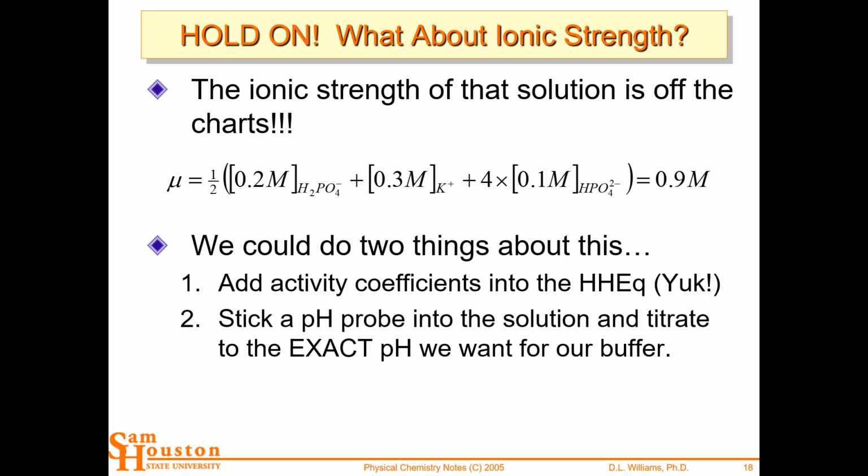And so if you pick the acetate buffer system because you wanted to buffer something to pH 4, then you could start with acetic acid and adjust it with sodium hydroxide to where it's right at pH 4, and it'll have a good buffering capacity. Don't have to worry about trying to calculate it using an ionic strength because it's going to be off scale. So just leave you with that.